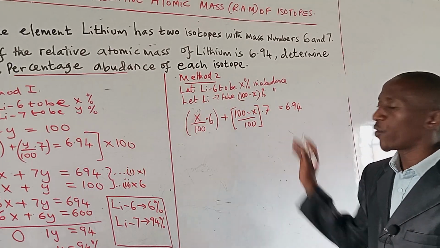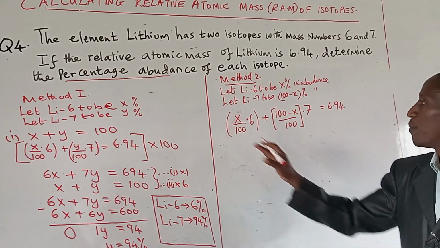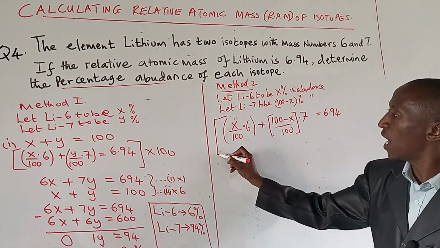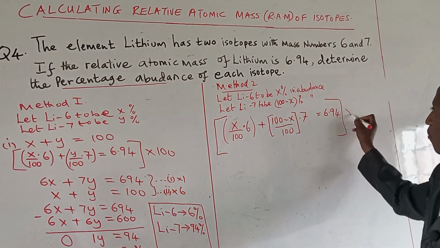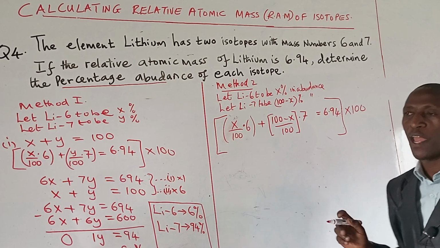So at this point, just like we had done in the previous working, we may decide to multiply throughout by 100. The entire working, both right hand side and left hand side, multiply by 100.